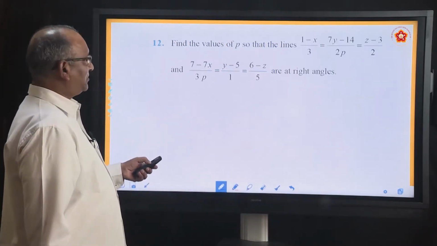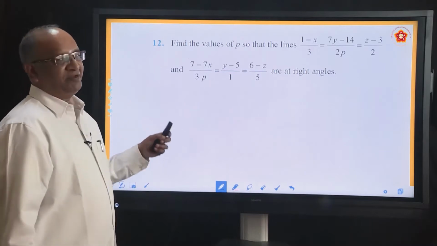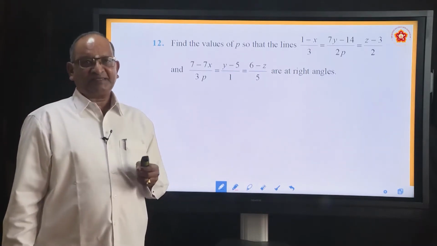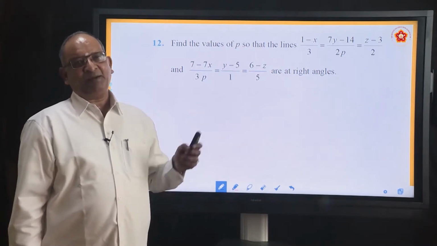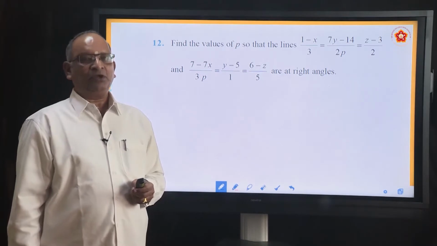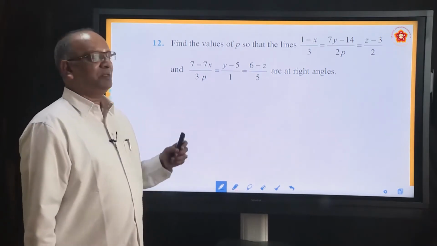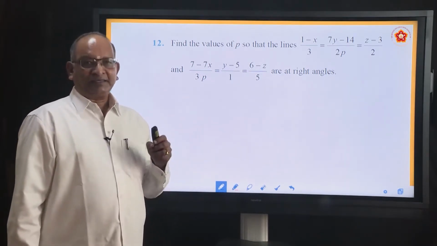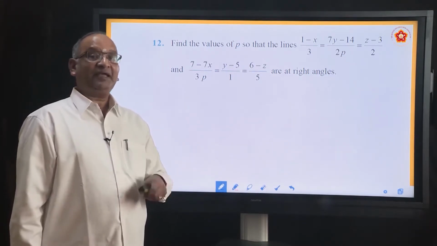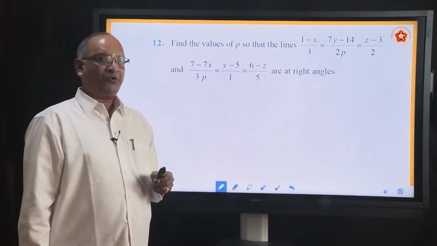Let us move to the next problem. This is a very important problem, very significant problem, and these are the kind of problems generally they prefer to ask in the examination. Now the question is, in what way is this problem different? It is different because he has not given the equations of lines in standard form. How do you know?